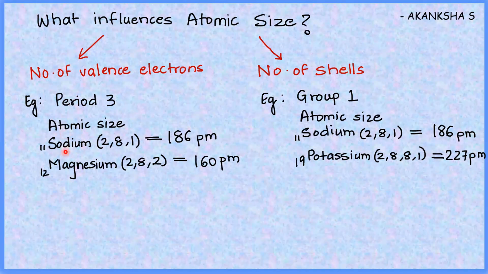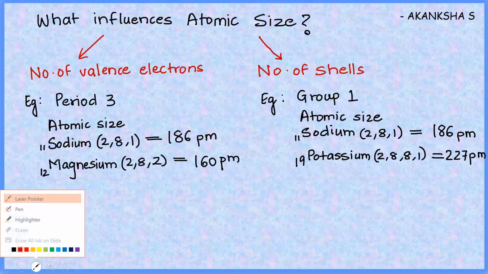Now, in this particular period 3, sodium has an atomic radius of 186 picometer, whereas magnesium is 160 picometer. In the group, sodium has an atomic radius of 186 and potassium has 227. How are they arranged actually? Let's see.